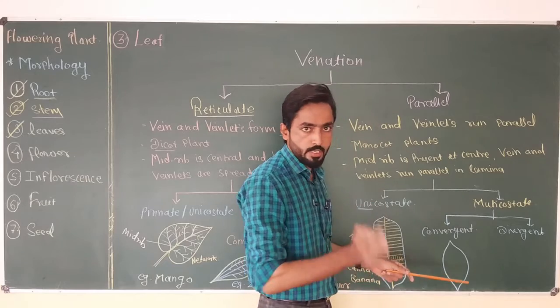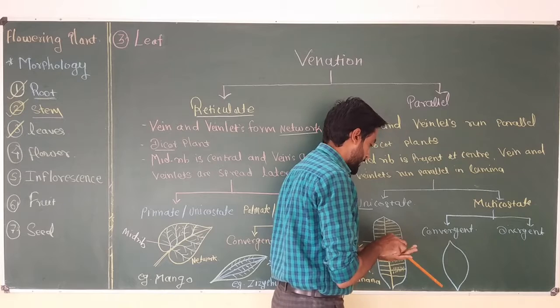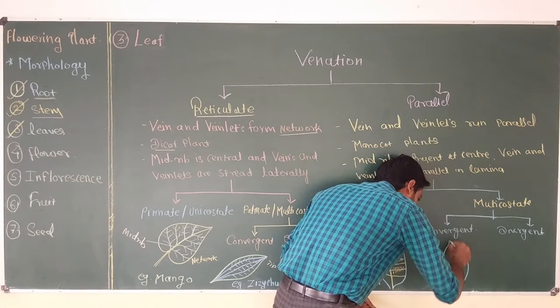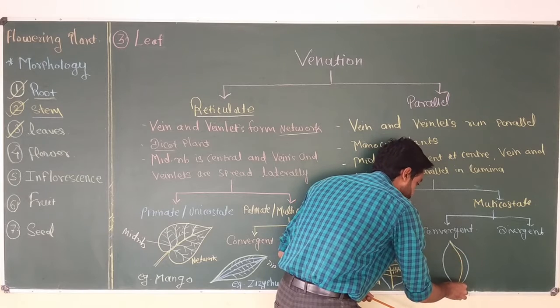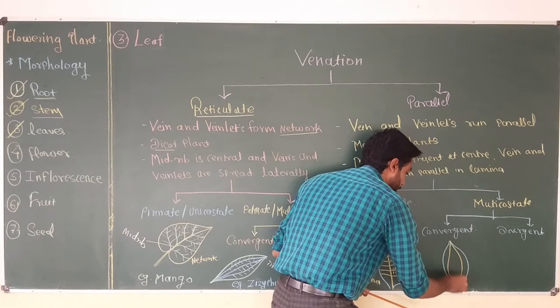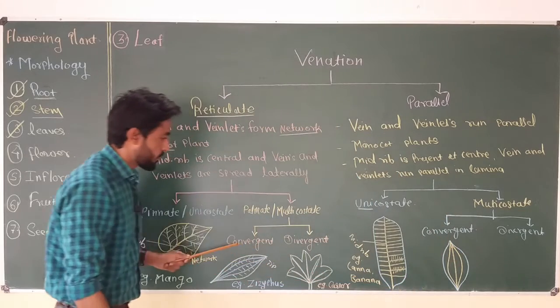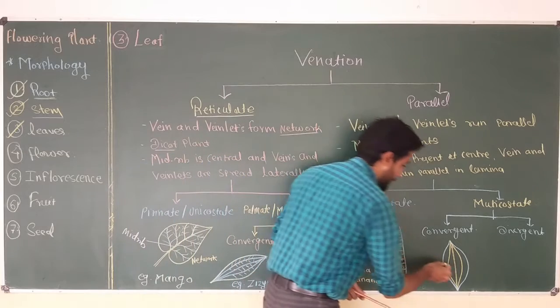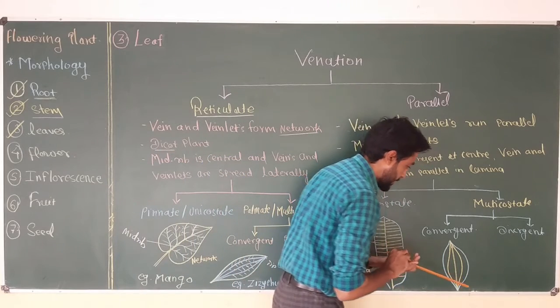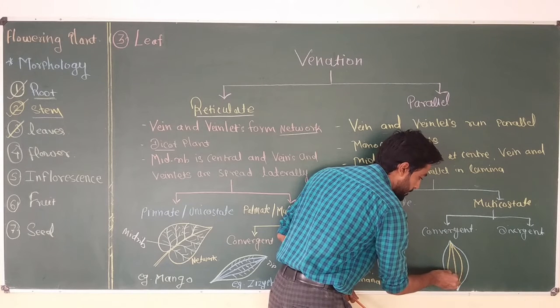The leaf shows three parts: leaf base, petiole and lamina, and in the lamina you can easily find more than 2 midribs. They run like this, similar to the convergent multicostate reticulate venation, but the difference is that now the veins and veinlets arise from these midribs and they run parallel.